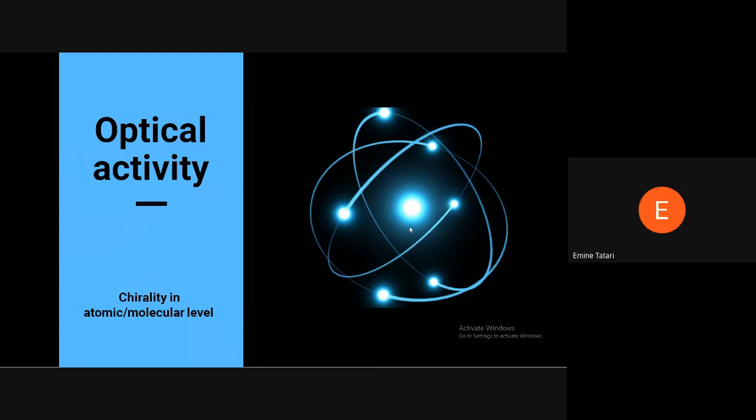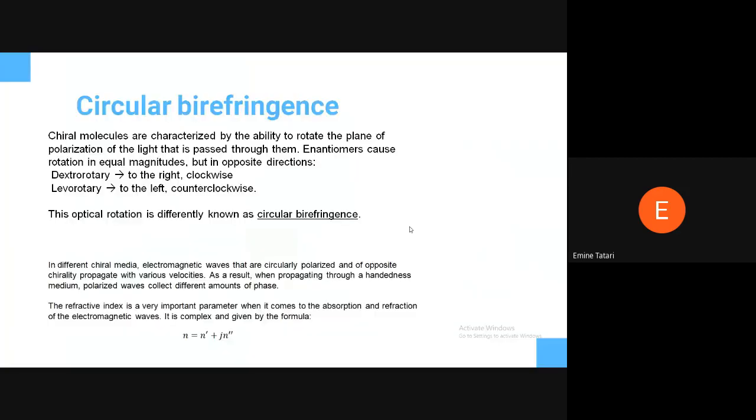We have also analyzed the optical activity and the chirality at the atomic and molecular level. The circular birefringence is one characteristic of chirality. Chiral molecules are characterized by the ability to rotate the plane of polarization of light that is passed through them.